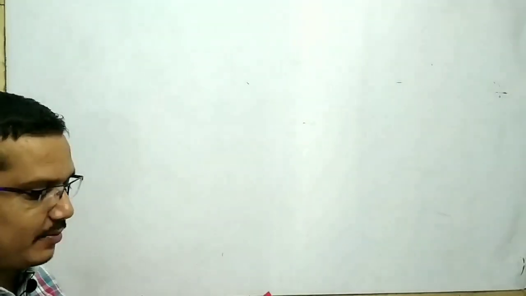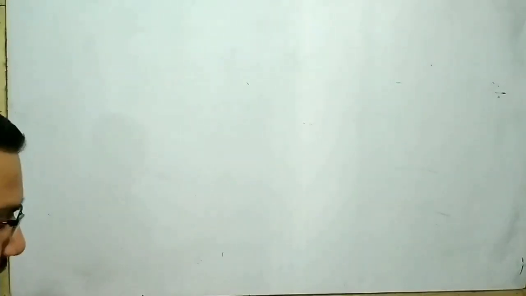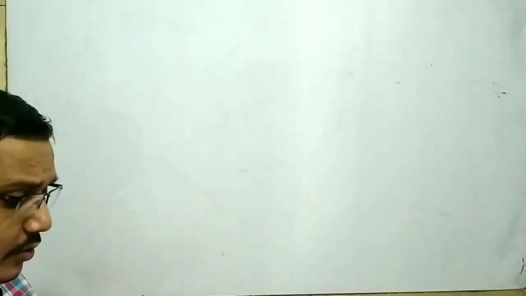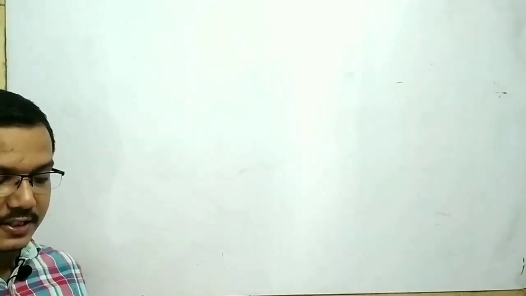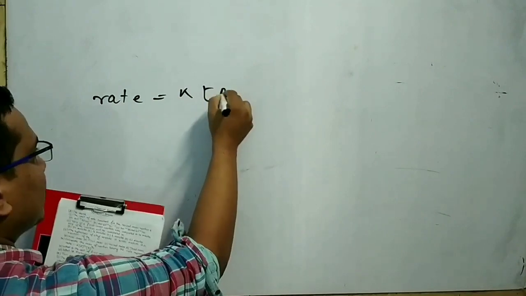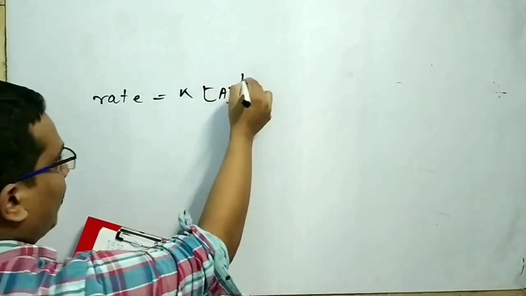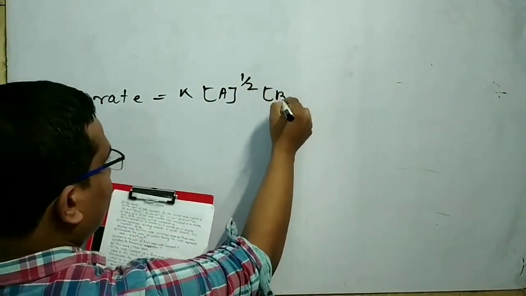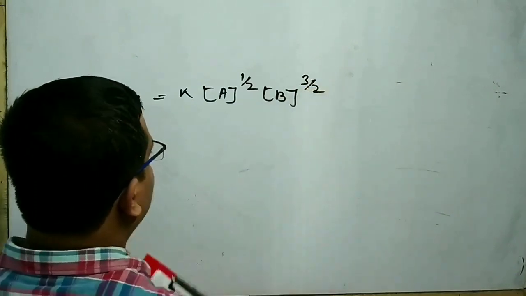Next question is: the hydrolysis of ethyl acetate in acidic medium is a reaction of dash order. It is a first order, remember. Next question is: calculate the order of reaction having the rate expression rate is equal to K into concentration of A power 1 by 2 into concentration of B power 3 by 2.